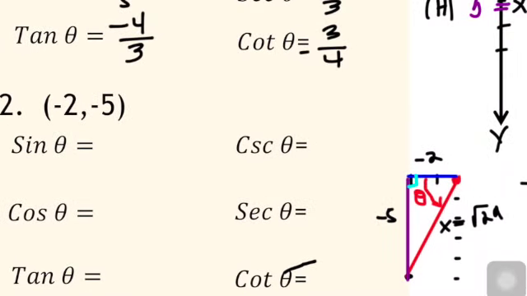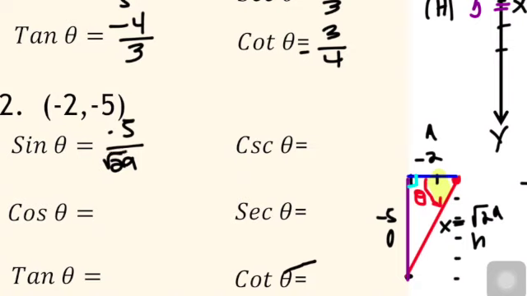All right, so our sine is going to be the opposite side, right? So if this is my angle theta right here, then the opposite has to be the -5. That's my opposite side. The hypotenuse is, of course, going to be the hypotenuse, and then we have the adjacent is the -2. So sine is going to be the opposite side divided by my hypotenuse.